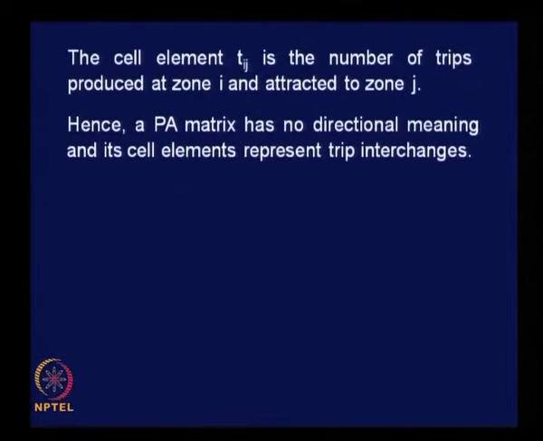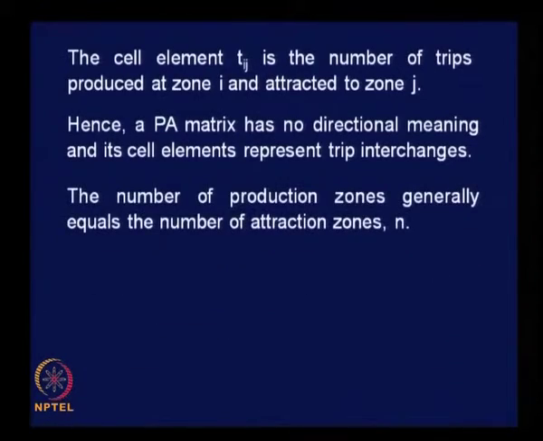You cannot find out the direction of movement by looking at a PA matrix. It just gives you information about total number of trip interchanges between zonal pairs. There is no information provided with regard to the direction of movement. So this has to be understood very clearly, and the number of production zones generally equals the number of attraction zones in practice.